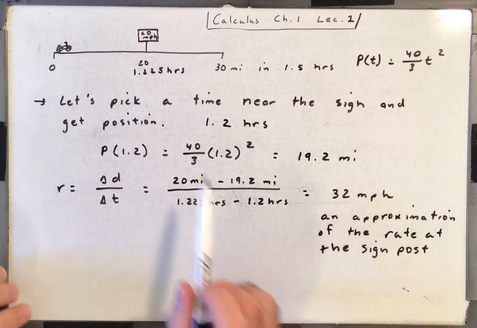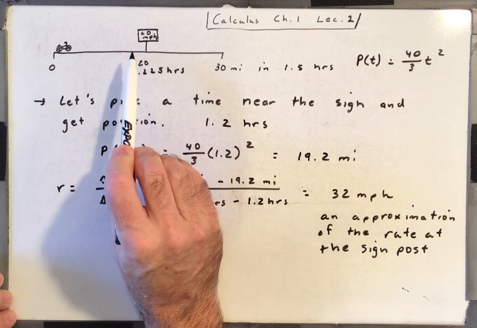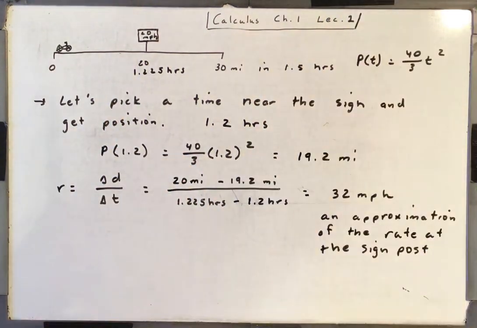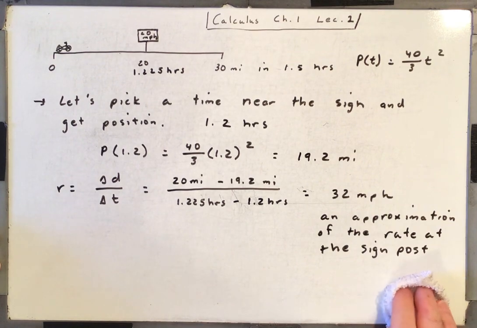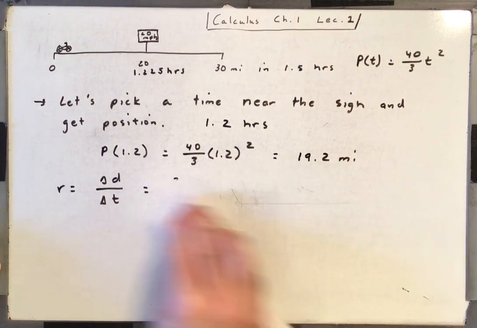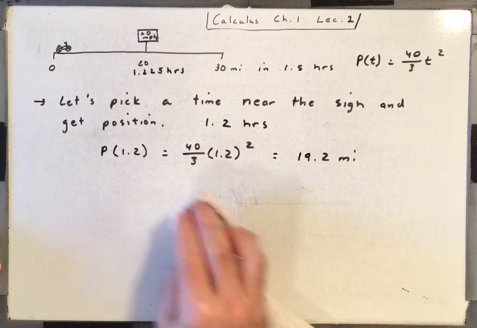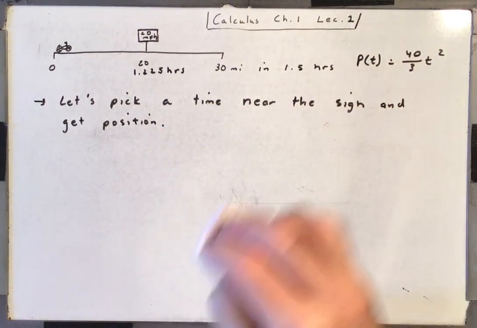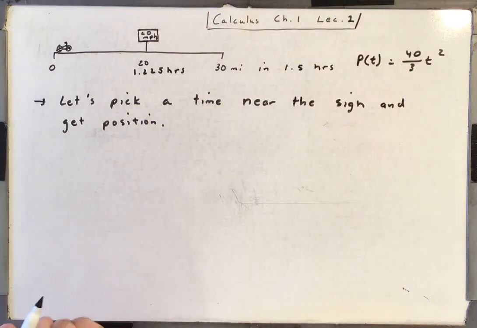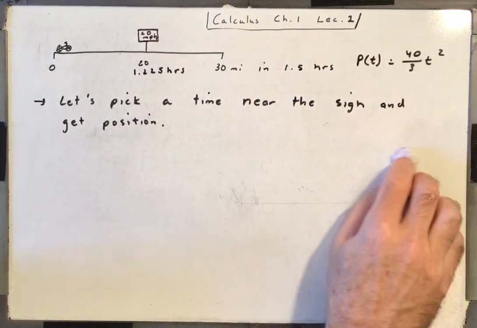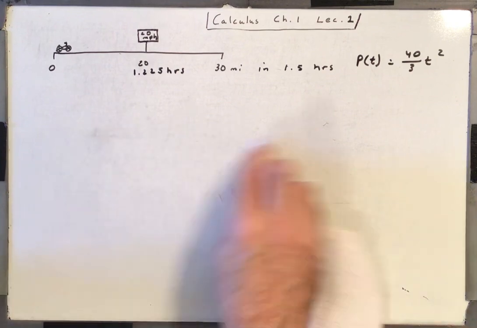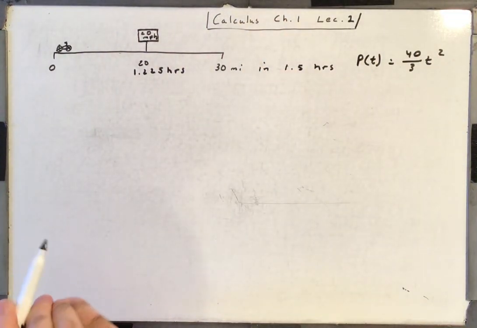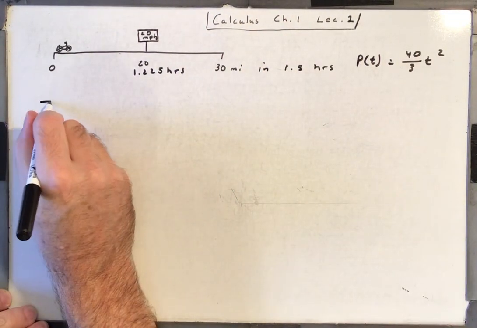But what if we inched up even closer? Okay, so we're going to inch up closer. I'm going to just erase, you just keep going down on your paper. I'm going to give myself a little more room here. And let's pick another position. How about, let's write this out.